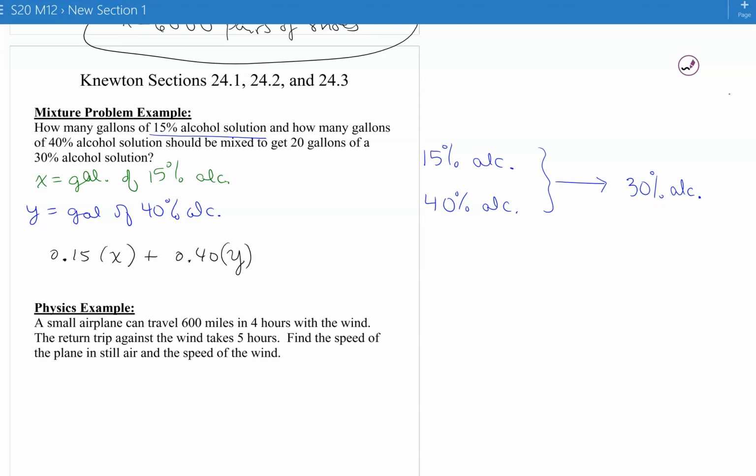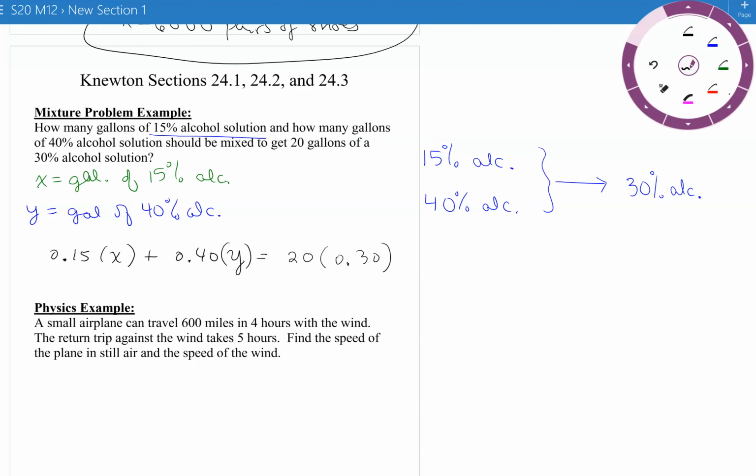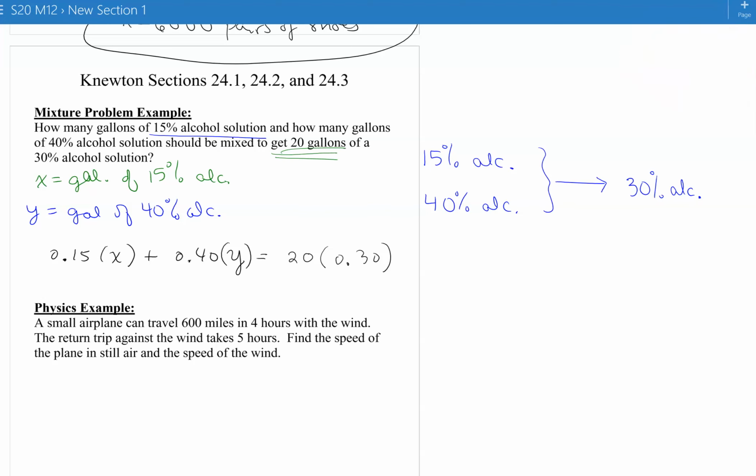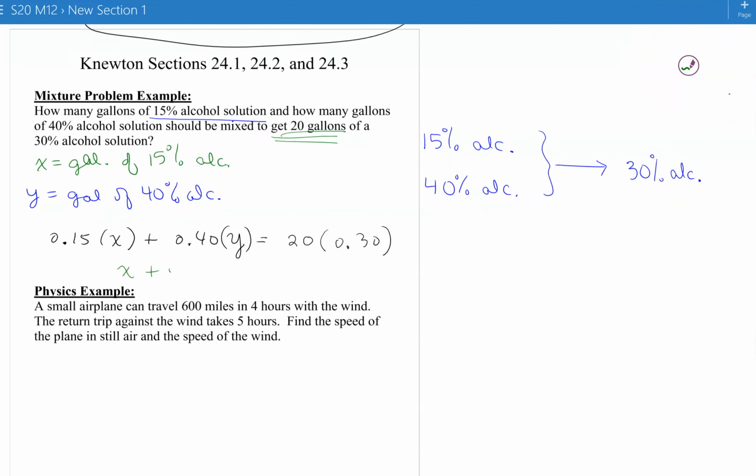Only 40% of that solution is alcohol. And I want to end up with 20 gallons of 30% alcohol. So this is alcohol plus alcohol equals alcohol. So this is one equation. Then my other equation is that I want 20 gallons. So x plus y has to equal 20.